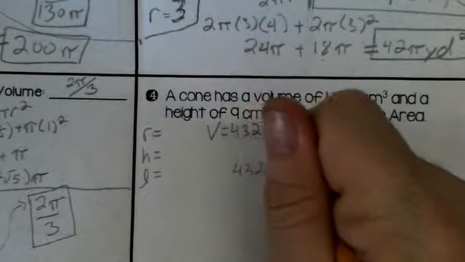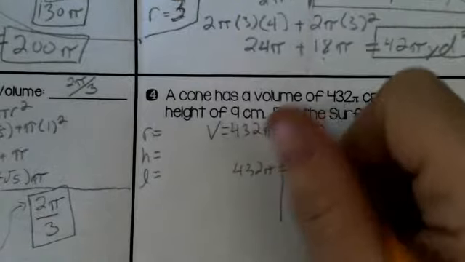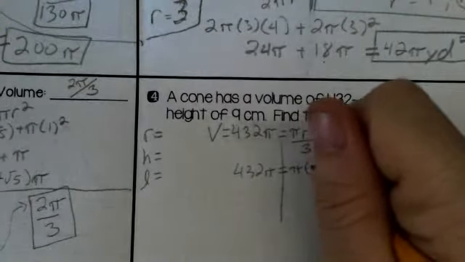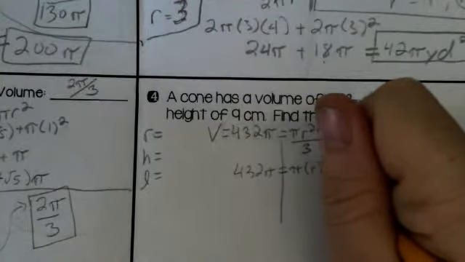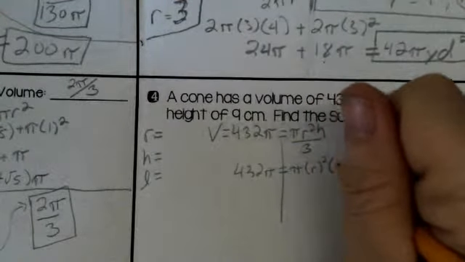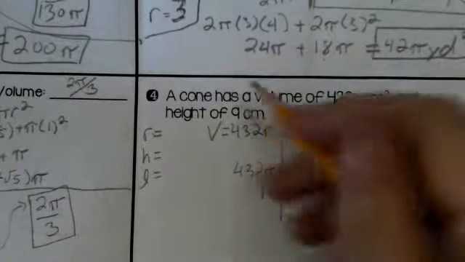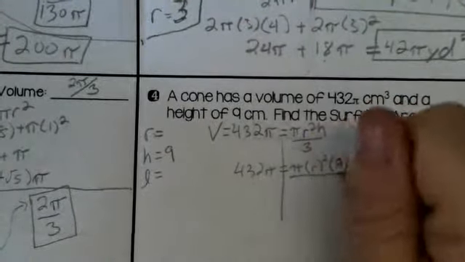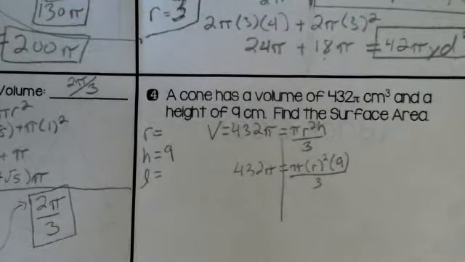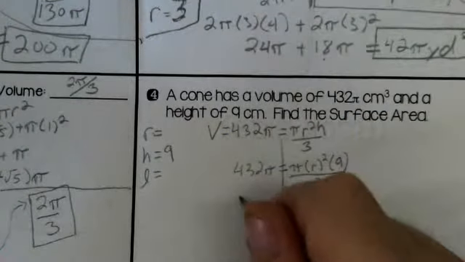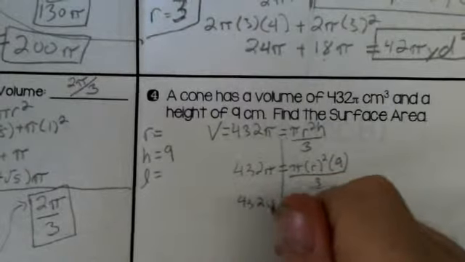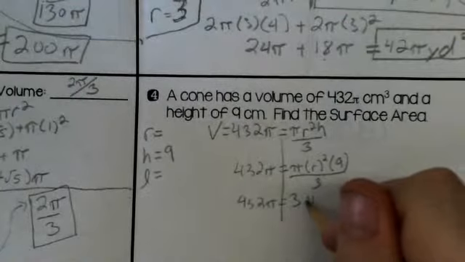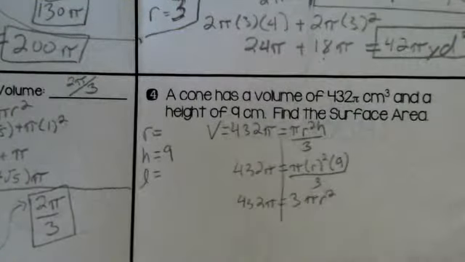So 432 pi equals pi. I do not know what my radius is, but I do know that my height is 9 over 3. I can simplify this over here and say that 432 pi, 9 divided by 3 is 3, so 3 pi r squared.